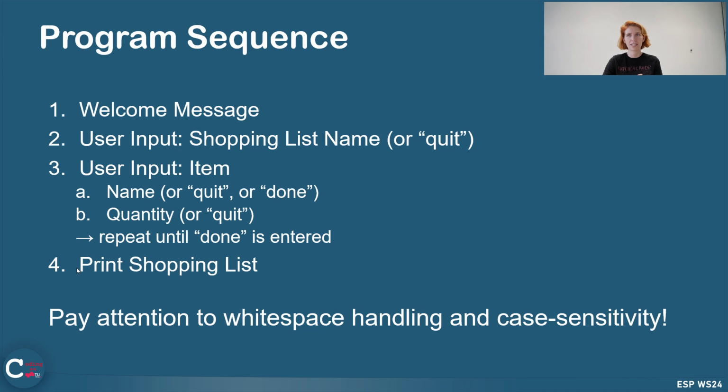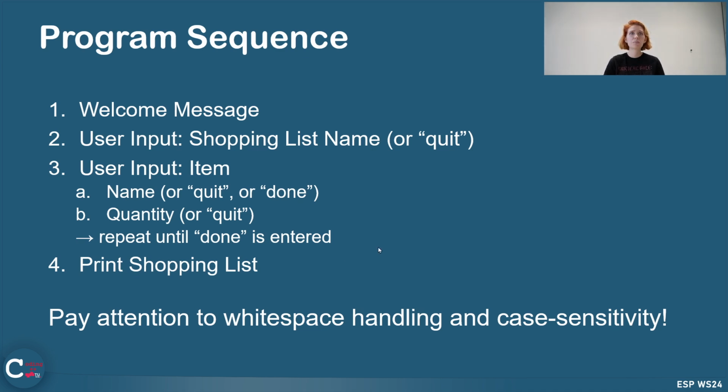So everything that has been added before, it should be sorted and printed. And then there's a second input that's for the quantity, and here you can also terminate with quit. And this step 3 is repeated until done is entered. So you can add an arbitrary number of items to this list, and then once the user enters done instead of a name, the shopping list should be printed.